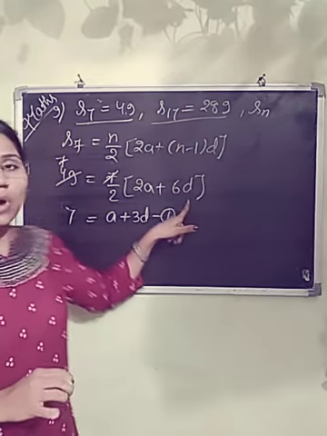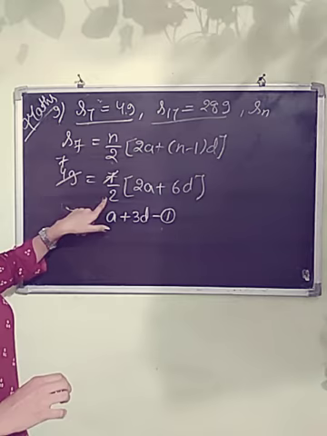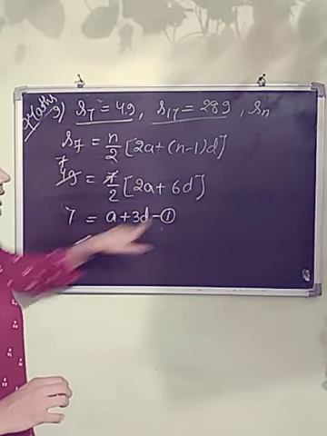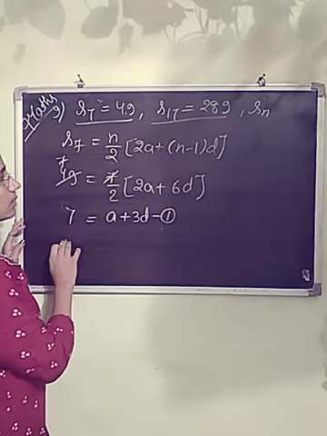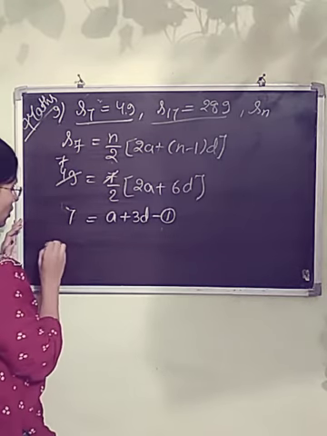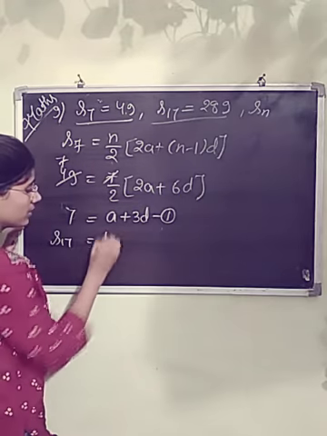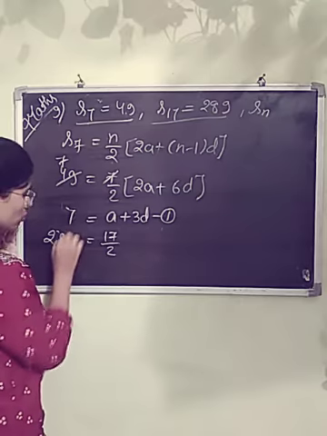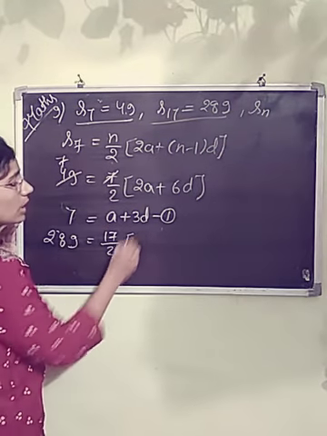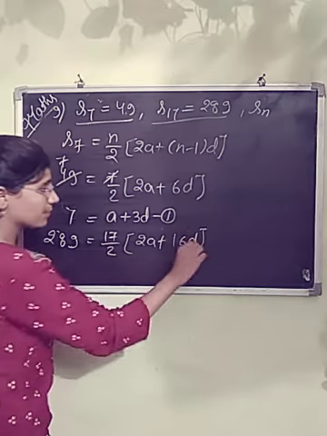I hope you have understood क्या किया हमने. यहाँ से आप 2 कॉमन लेंगे, that 2 will be cancelled with the 2 in division, so it will be a plus 3d and 2 will be cancelled out. Similarly, this is our first equation. Similarly, we can solve this 17. So S17 can be written as 17 by 2, and I am putting the value of S17 289 inside the bracket 2a plus 16d.